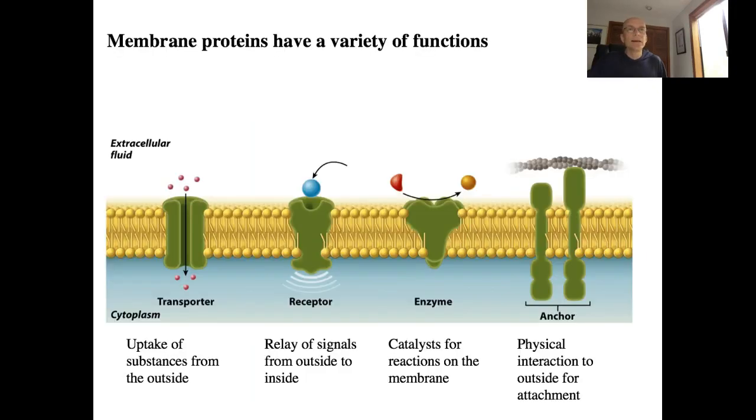And then these membrane proteins have a variety of different functions. I just told you what kind of properties they must have so that they can be embedded in or anchored to the membrane. But they have all kinds of different functions. We will talk about transporters later on in this lecture. They can allow the uptake of certain substances from the outside or the discharge of substances from the inside to the outside.